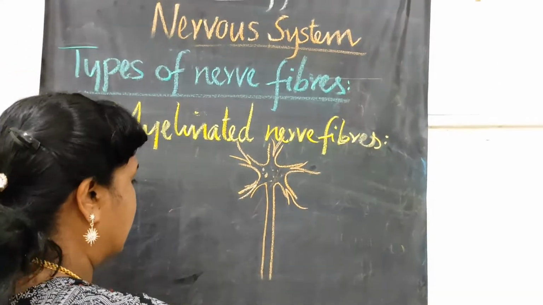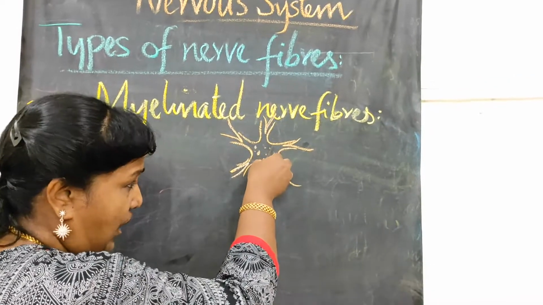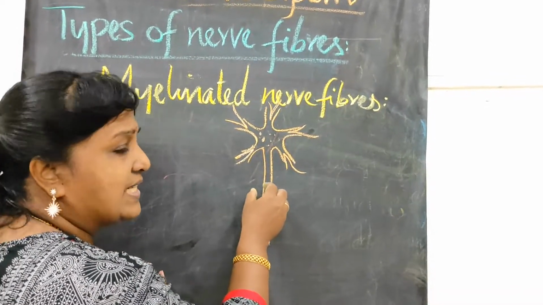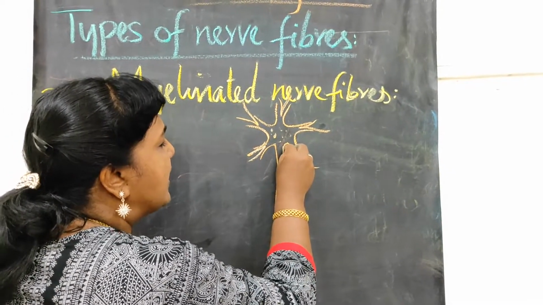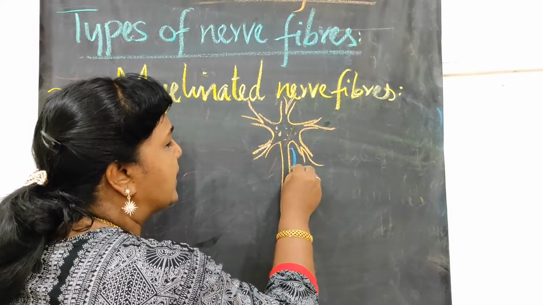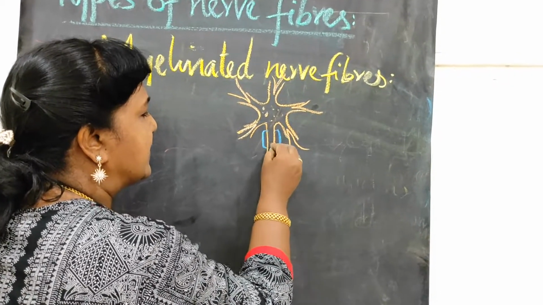Now you see, this is the axon, isn't it? One of the dendrites is moving vertically downwards and is forming the axon. In this axon, it is covered by a protective sheet called myelin sheath. Good.